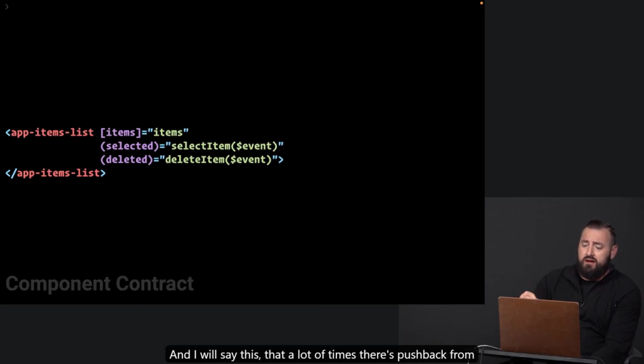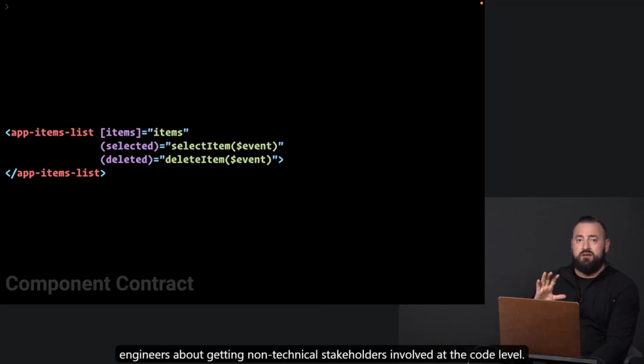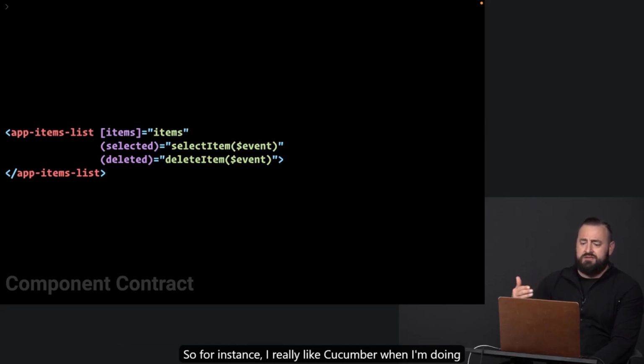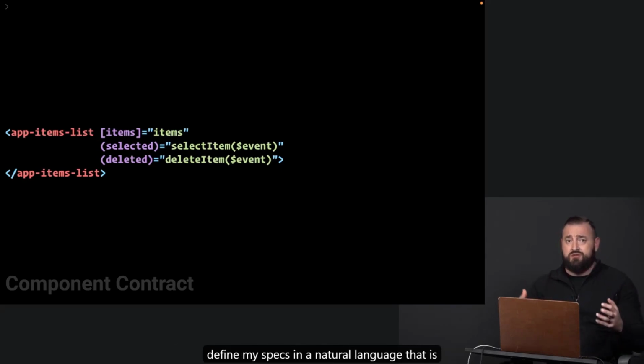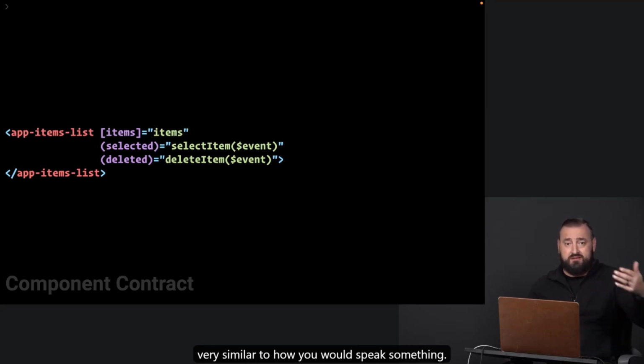And I will say this, a lot of times there's pushback from engineers about getting non-technical stakeholders involved at the code level. So for instance, I really like Cucumber when I'm doing automated end-to-end testing, because I can define my specs in a natural language that is very similar to how you would speak something.